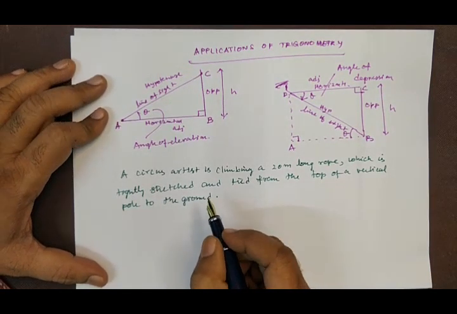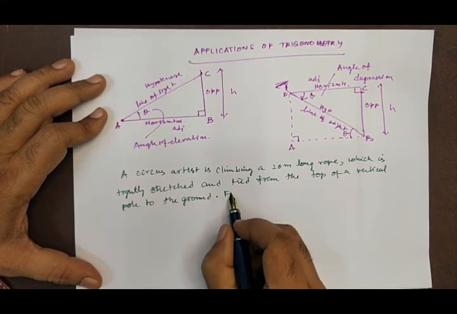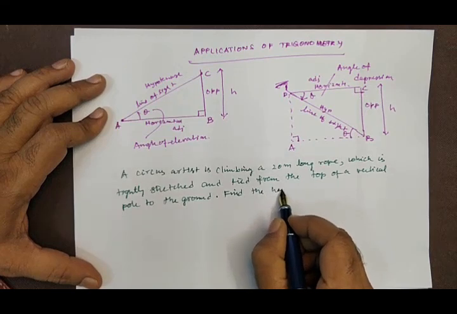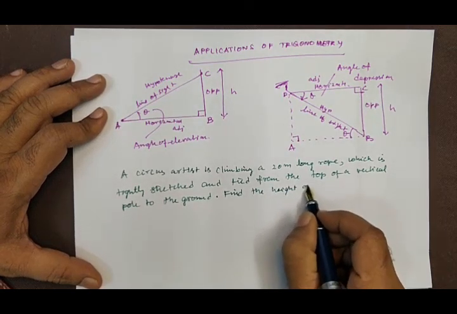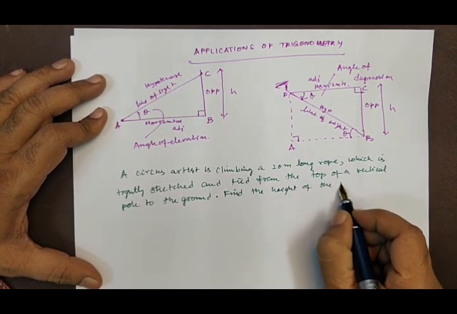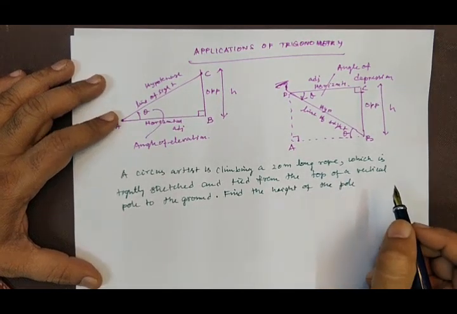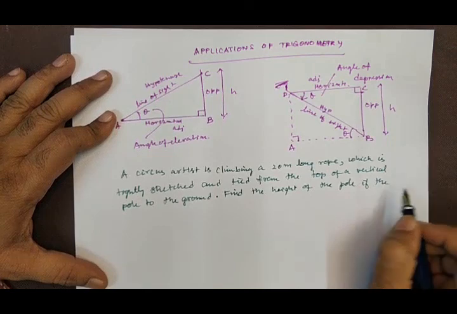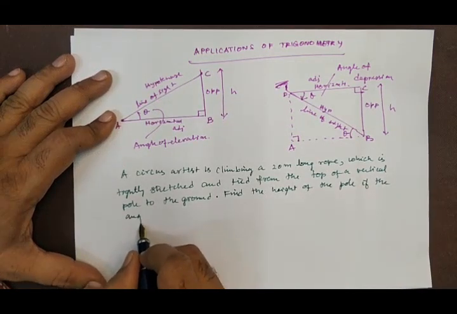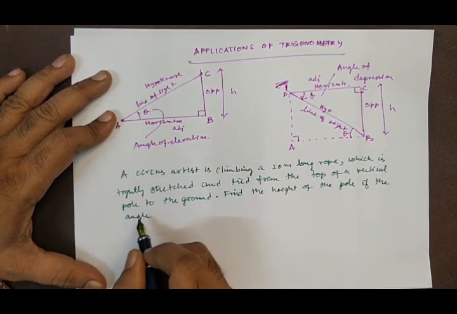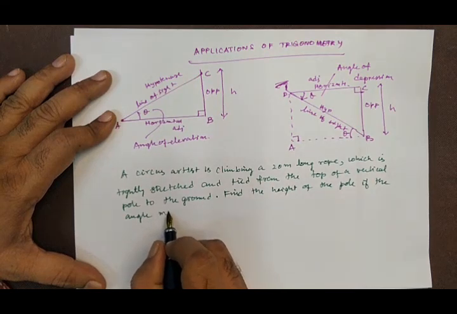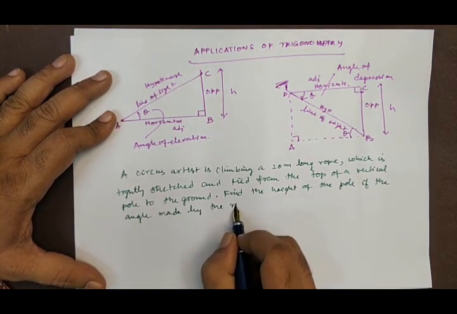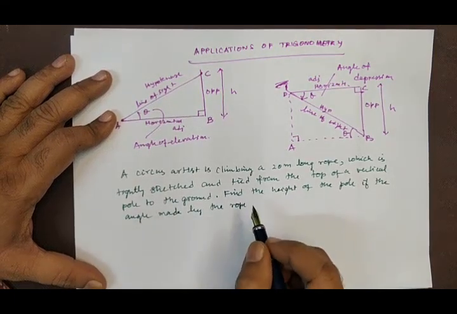Find the height of the pole if the angle made by the rope with the ground level is 30 degrees.